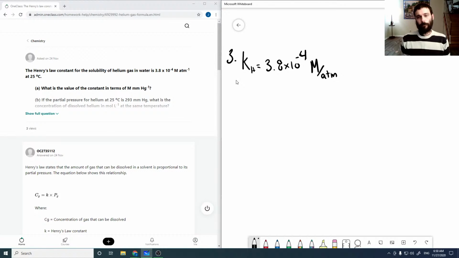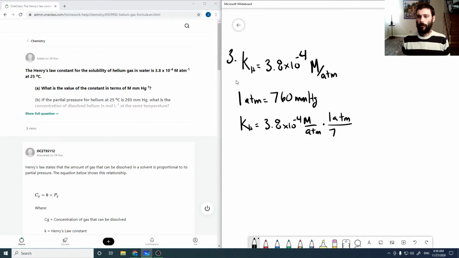So to do that, we just need that 1 atmosphere is 760 millimeters of mercury, or 760 torr. So then our KH is 3.8 times 10 to the minus 4 molar per atmosphere times 1 atmosphere per 760 millimeters of mercury.